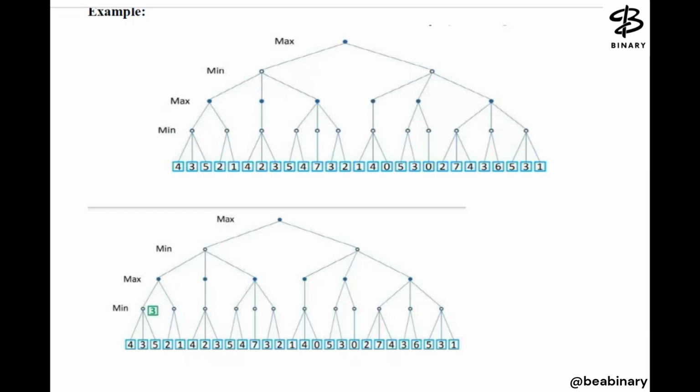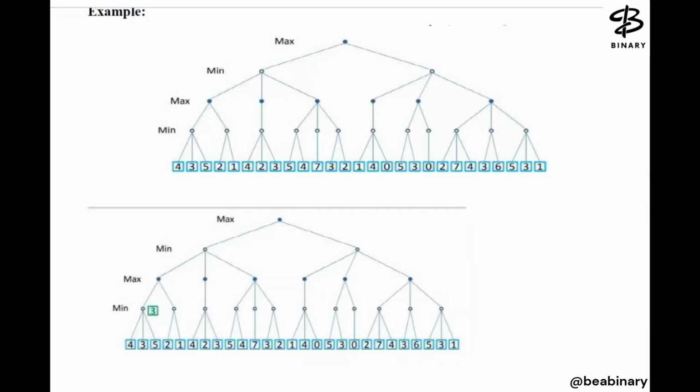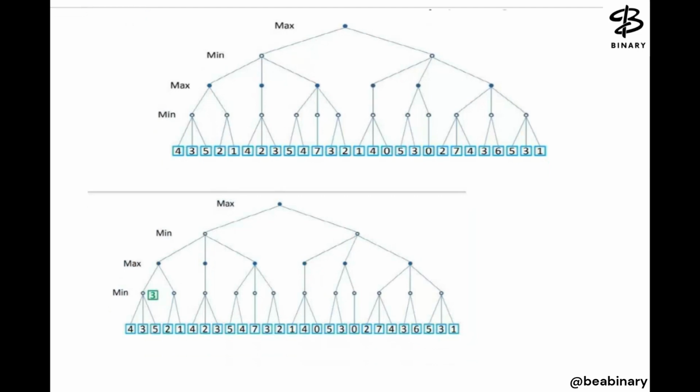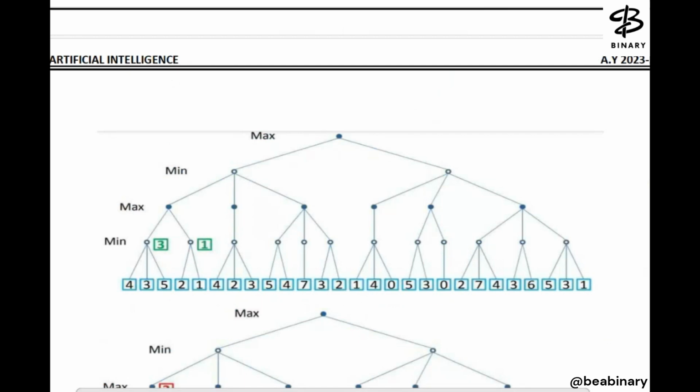Among 4, 3 and 5, basically 3 is the minimum. So the parent node will have the value 3 in the form of a minimum. Then all the node values will be calculated based on the minimum function only.